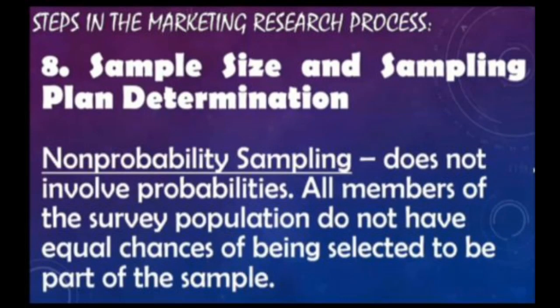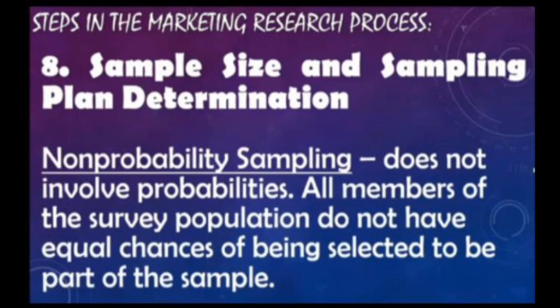First one is the non-probability sampling. Non-probability sampling does not involve probabilities. All members of the survey population do not have equal chances of being selected to be part of the sample. Non-probability sampling is a sampling technique the researcher uses to choose samples based on subjective judgment rather than random selection.